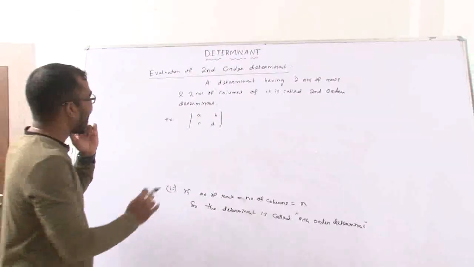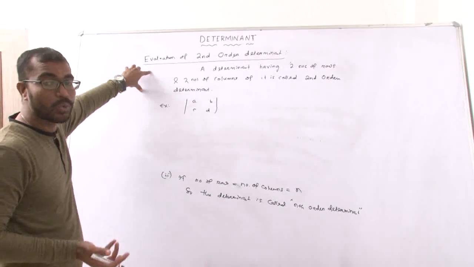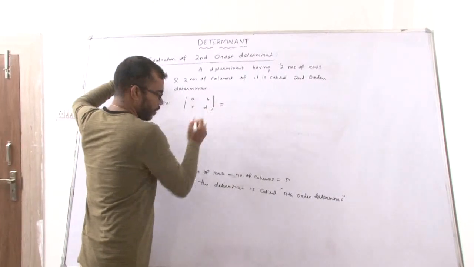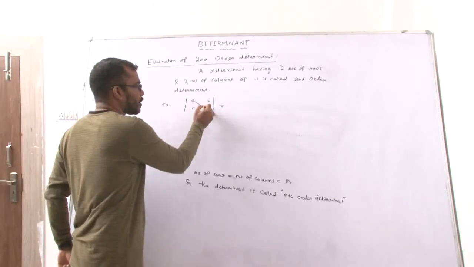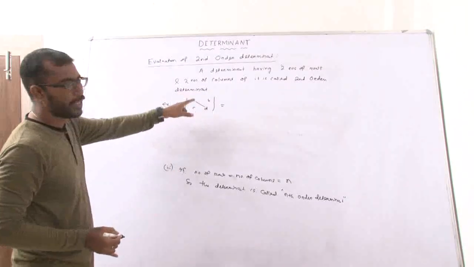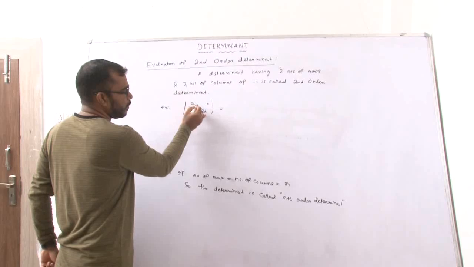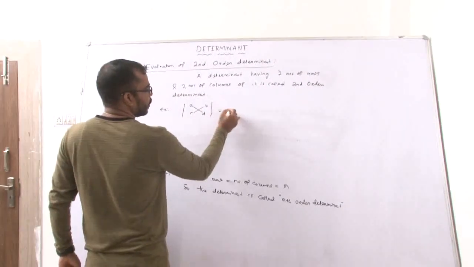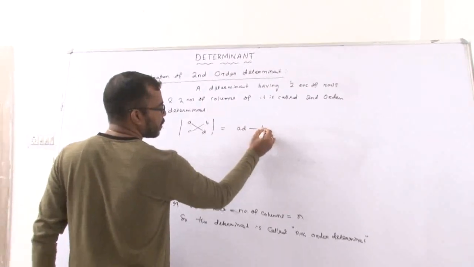Now in this second order determinant, how do we evaluate or calculate it? This is the method. In a second order determinant, we cross multiply the elements. That means we multiply a into d, then b into c, so we get ad minus bc.